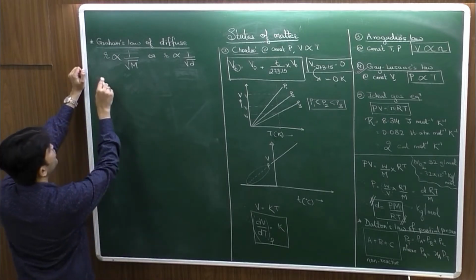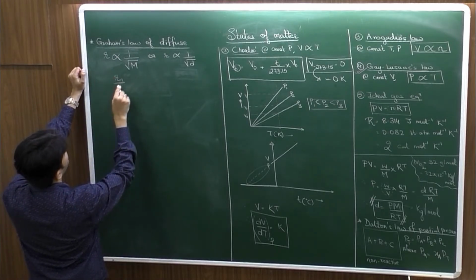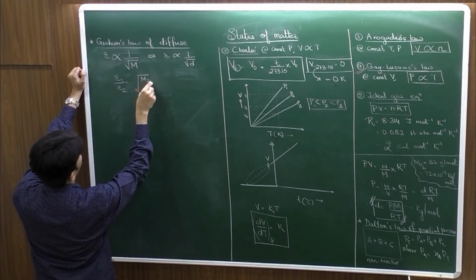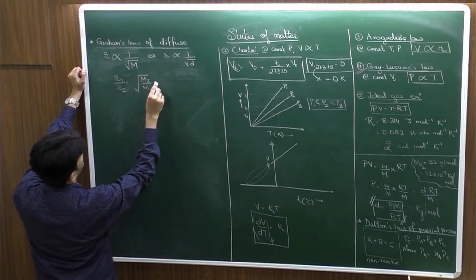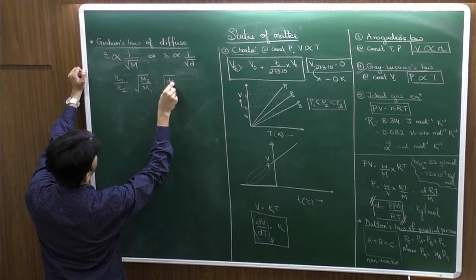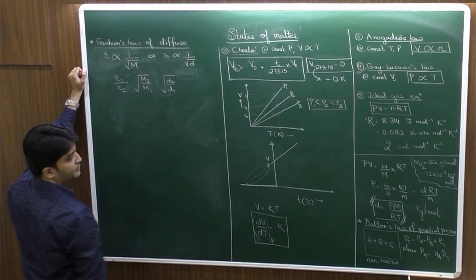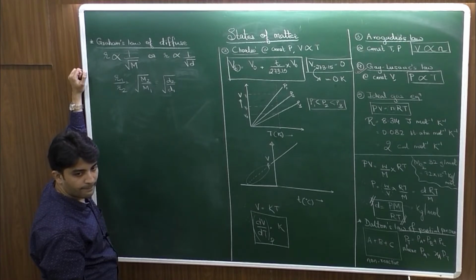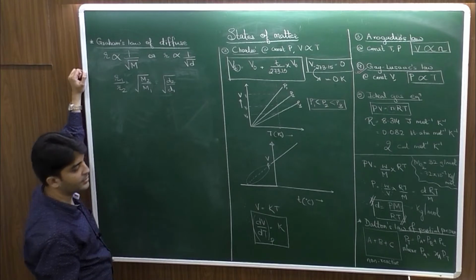So if you are given 2 gases, then the ratio of rates of diffusion R1 by R2 can be calculated as root of M2 by M1 or root of D2 by D1. This comes directly from the equation, C equals root of 3RT by M, the kinetic energy KTG expression.